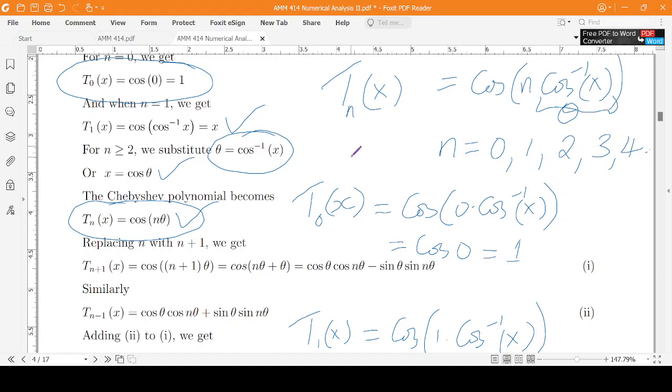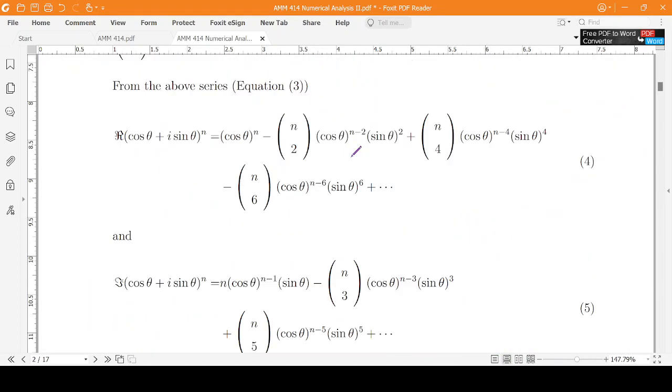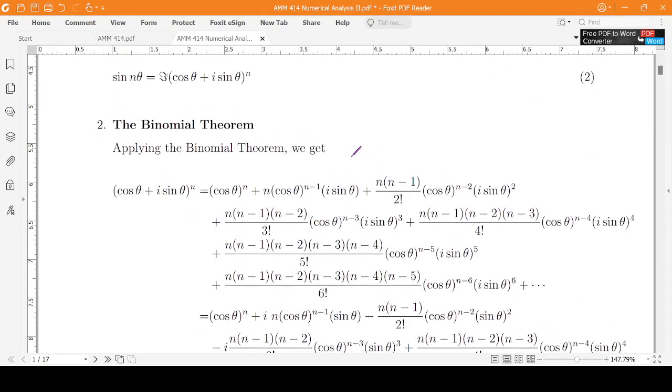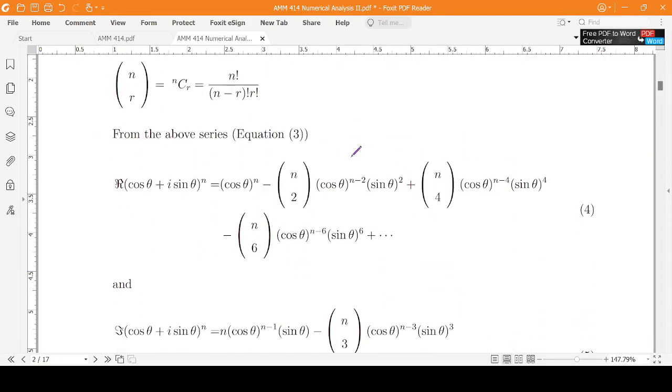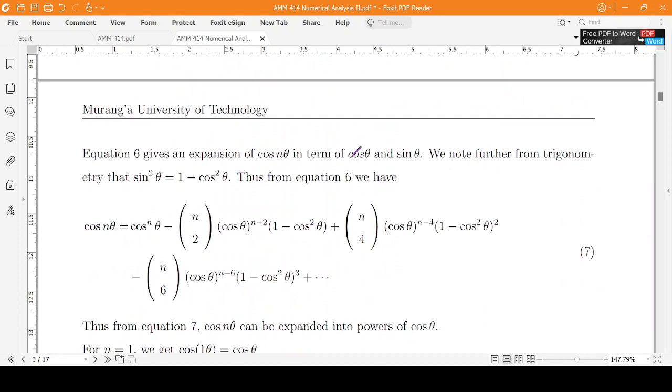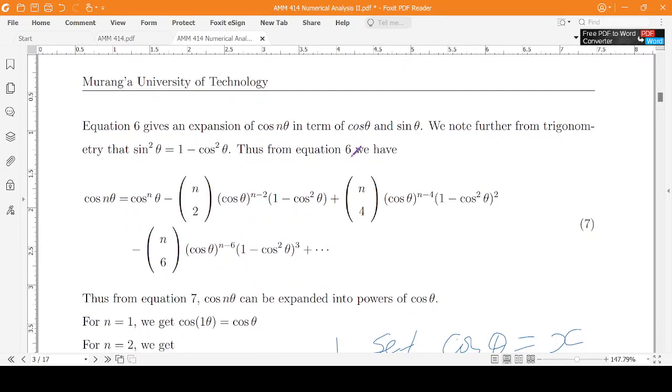So in this case, we can go back to our previous expansion, where we had equation 7. And we are now saying that Tn of x is equal to cosine of n theta, which means that it can be expanded in the form defined by equation 7.